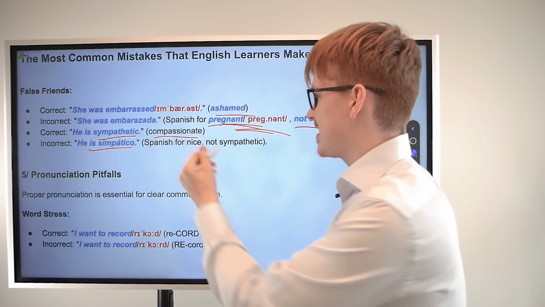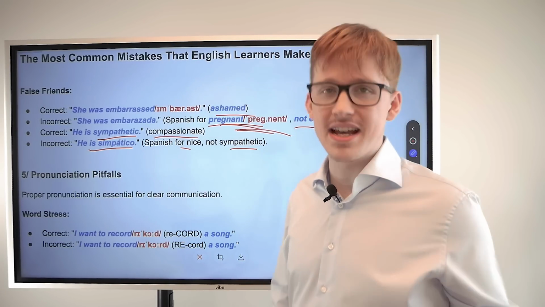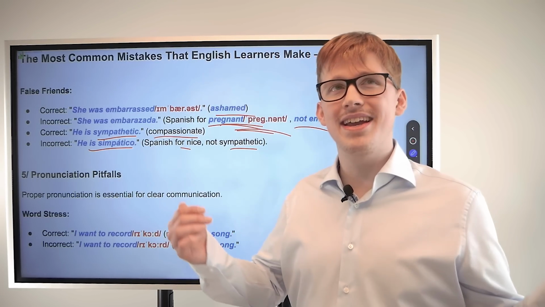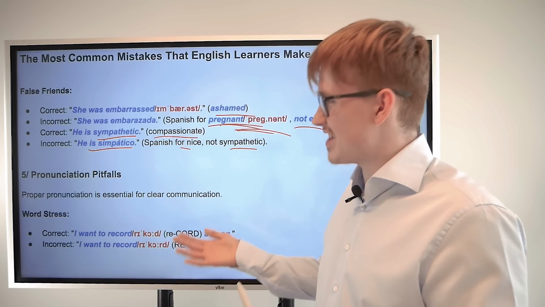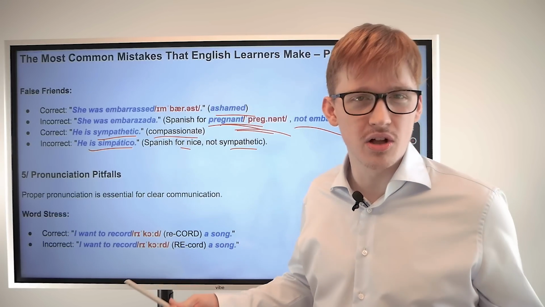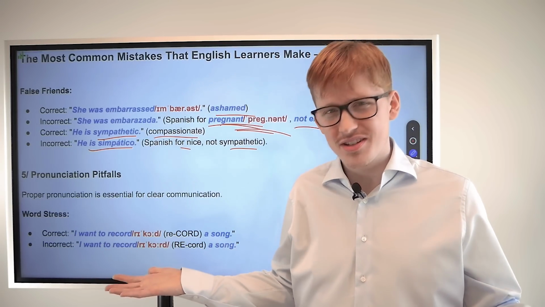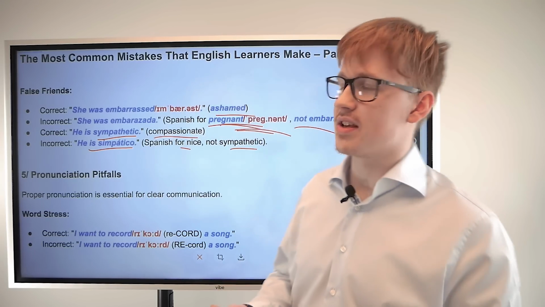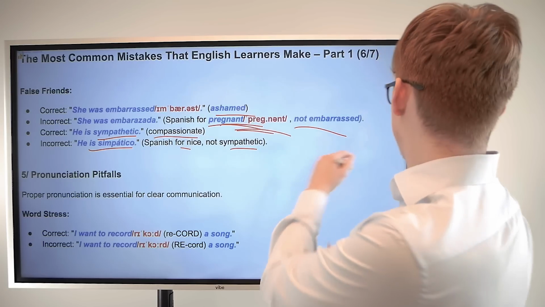As you can see, they're very similar words. And if you used sympathetic for someone who's nice, it's not going to be the biggest reach, but it's good to know because it will sound a little bit weird because we wouldn't use sympathetic in that scenario. You see? Okay, so now let's have a look at some pronunciation for these.